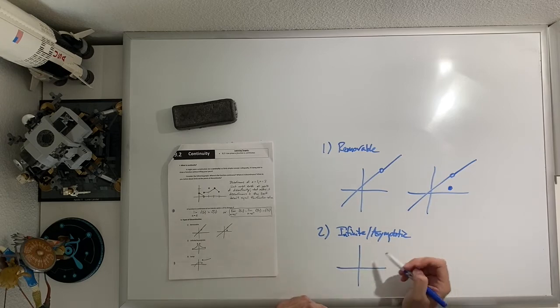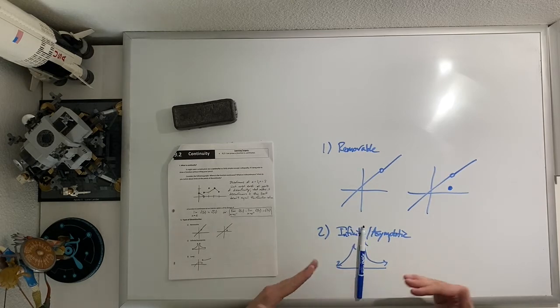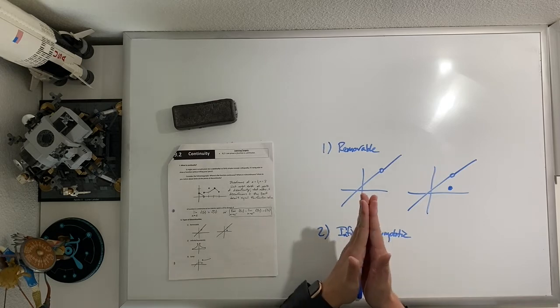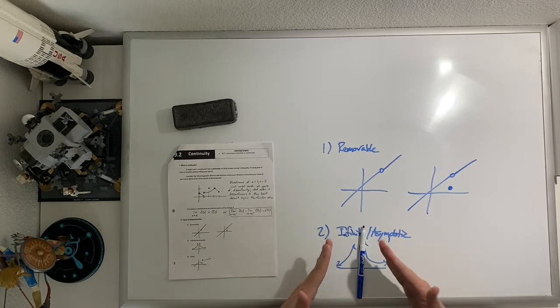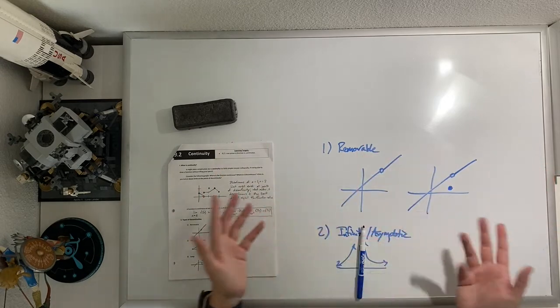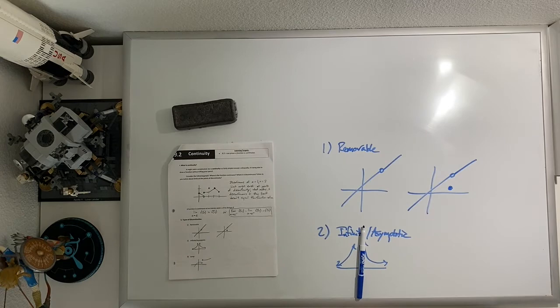And as the name suggests, if we have an asymptote, in this case right here at x equals 0, then the function is discontinuous because it never actually crosses that vertical asymptote. Infinite is the other name for it because the function is approaching positive infinity or negative infinity from either side of the asymptote.